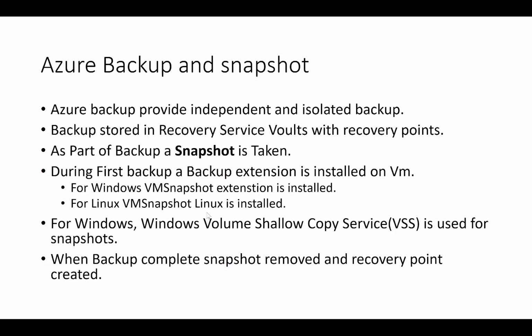And how does it take the snapshot? It uses an inbuilt service installed in Windows, the Volume Shadow Copy Service, or VSS in short. By using this service, it takes a snapshot of your current machine.